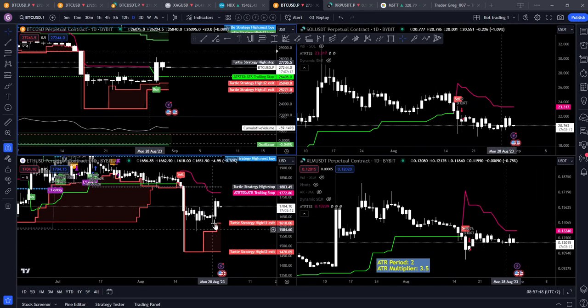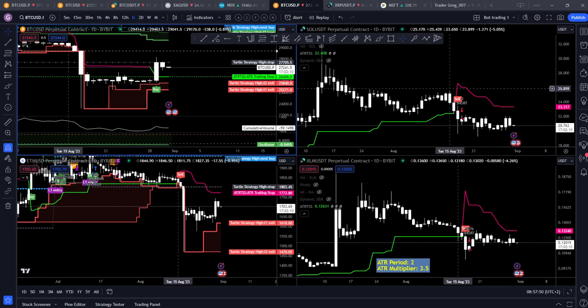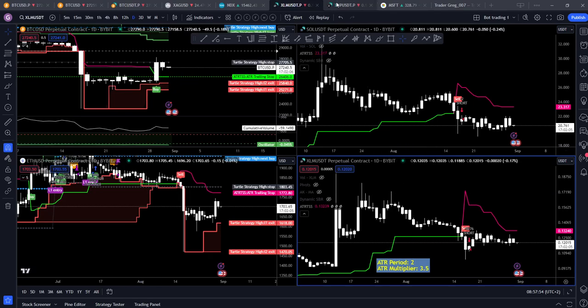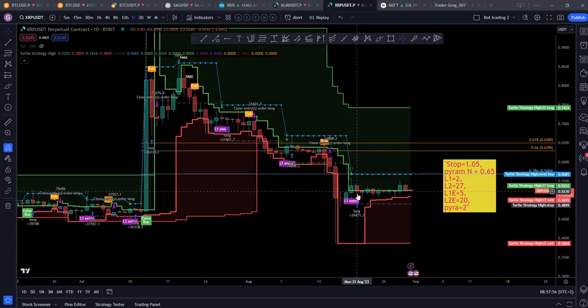So Ethereum sell signal already quite a long time ago. Nothing has changed for Solana and Lumen. XRP, there we got again a long entry. But the past days were very, very low volatility, and yeah, we're actually nowhere for the moment.